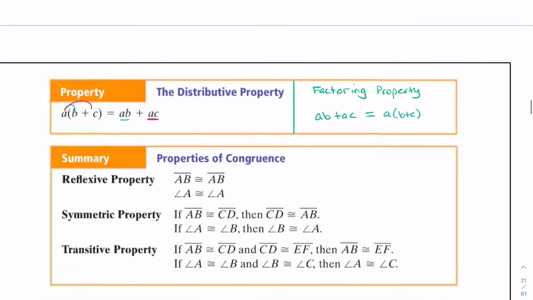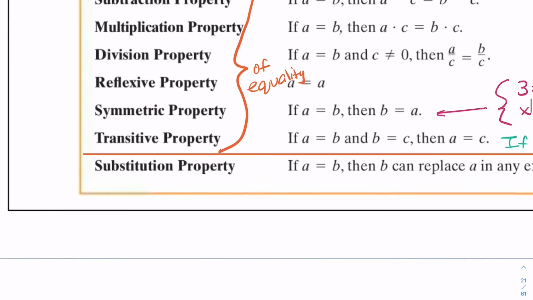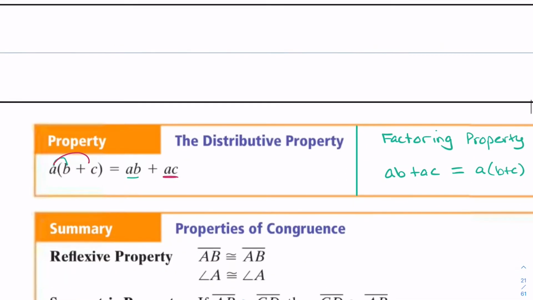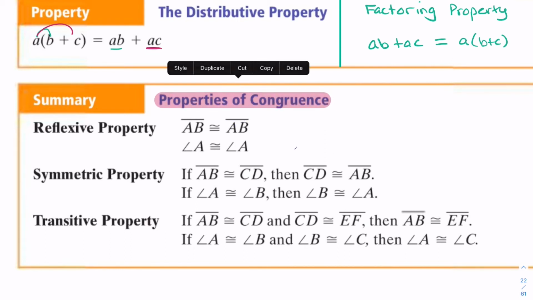And then this last one, these are similar to these three right here. So these three right here, but they are instead of congruence, and that's really important. You have to write of congruence if they are of congruence, because we don't know what we're talking about unless we identify if it's of equality or of congruence.